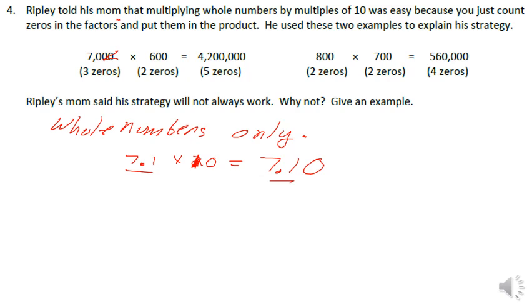This is because the digits actually shift to the left one place value. With whole numbers, it works out that if you just put the zeros on the end, they actually shift one place value. But if we took the numbers 7 and 1 tenth times 10, we can see we have one place value, they actually come out to be 71, not 7 and 1 tenth.